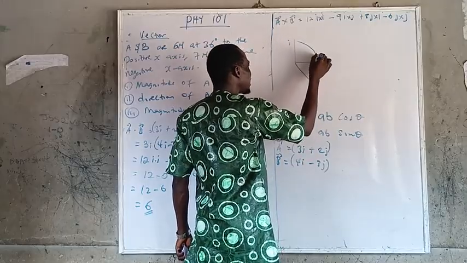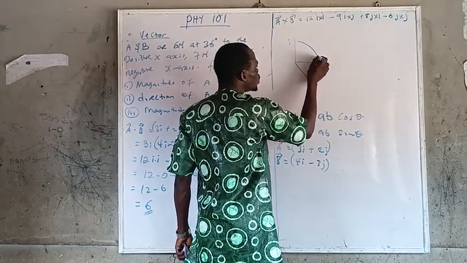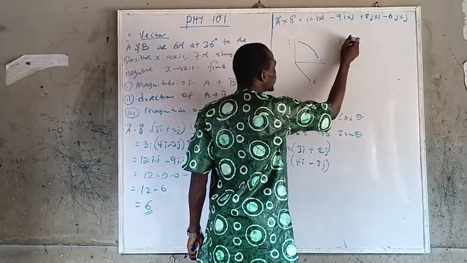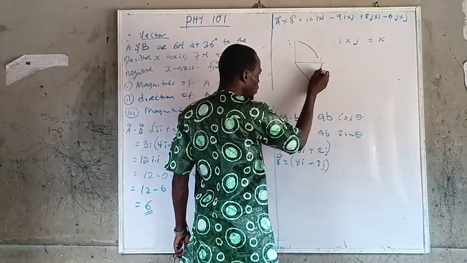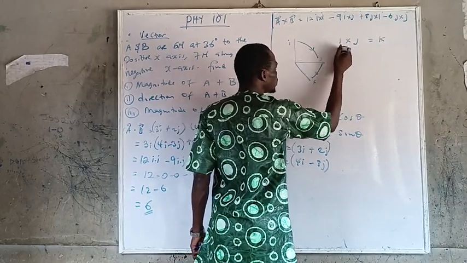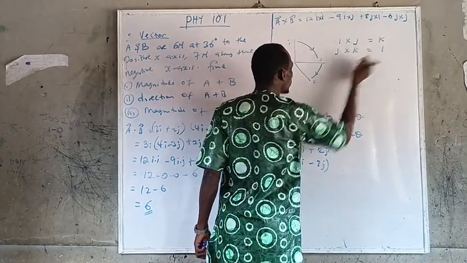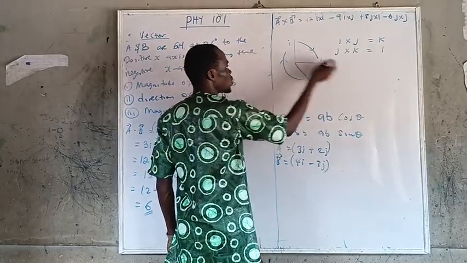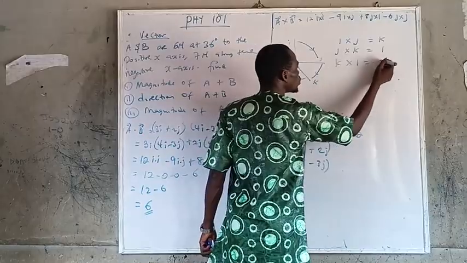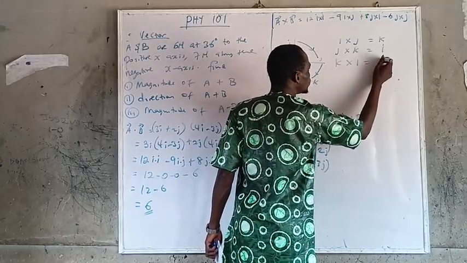Now, i cross j is equal to k. j cross k is equal to i. And also k cross i is equal to j.